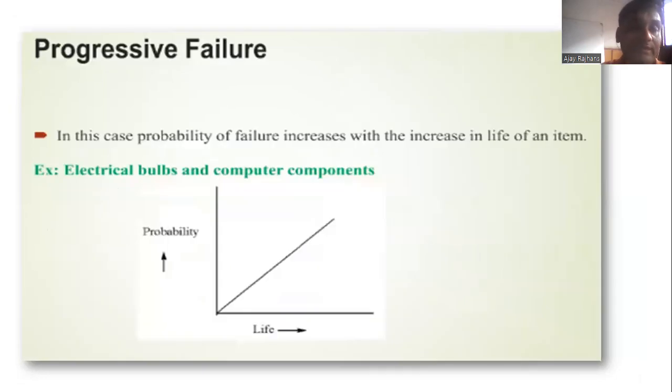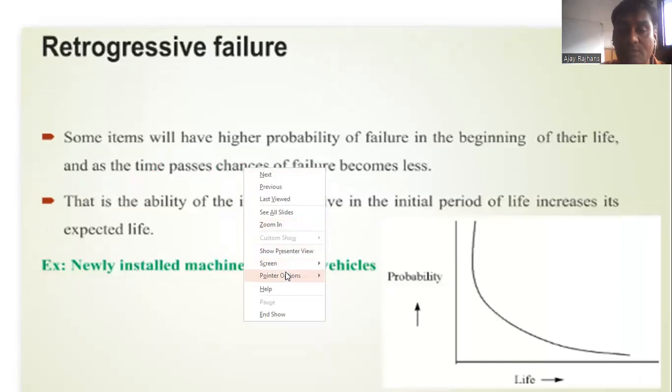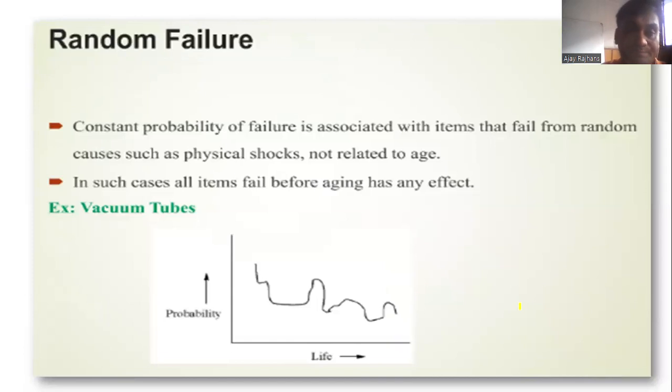For progressive failures, you see these in electrical bulbs and computer components, where the probability of failure increases as the life increases. That is the progressive failure. Retrogressive failure has some curve. If you see this graph, it has a curve going from this side to this side, where as the life increases, the probability of failure decreases.